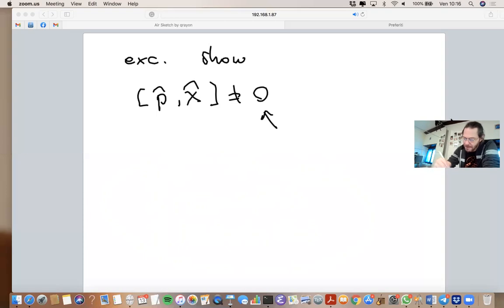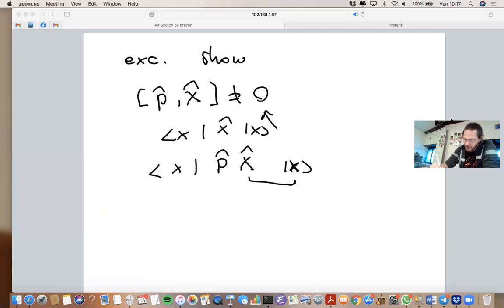And you can sort of see this because, suppose I have some state X and I act with P and X. When I act with X and then I want to measure X, the expectation value of this, since the system is in the eigenstate of position, and let's suppose this is a discrete lattice, not to worry with mathematical details, will be x bar. Anytime I measure, the system is in the eigenstate of position, I find that position.